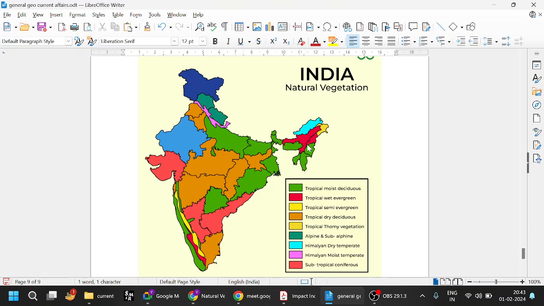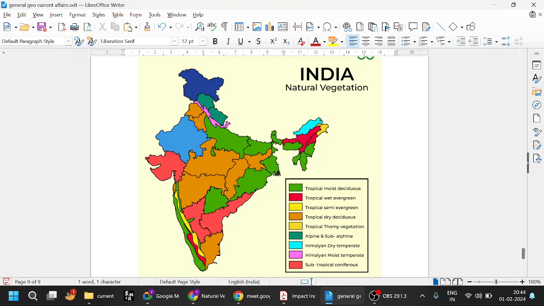Evergreen forests you find in this region, the northeastern region, Kerala, etc. Subtropical coniferous you find in parts of Andhra, Gujarat, etc. And tropical moist deciduous in this region, Uttar Pradesh and a little bit of Telangana, Odisha. And this blue color is Himalayan dry temperate.